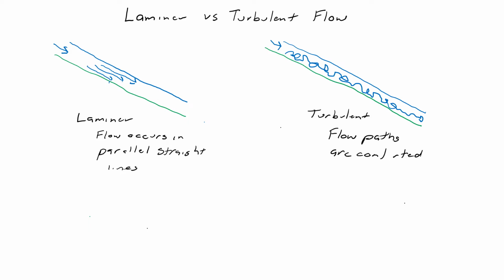Turbulent and laminar flow has been studied quite a lot by fluid dynamicists, and they came up with a mathematical way of figuring out which of these two possibilities you're going to get depending on a number of different factors. The easiest way to define which kind of flow you're going to have is through something called the Reynolds number.